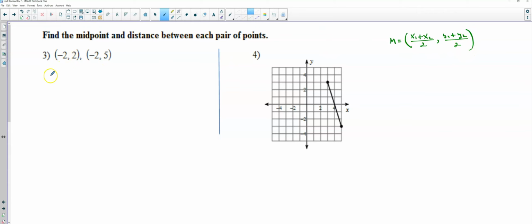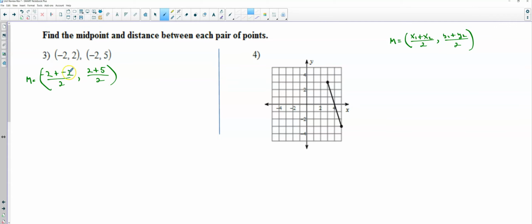So to do the midpoint, I'm just going to say, well, the midpoint is given by -2 plus the other x, -2, divided by 2. That will give me the x coordinate, comma, and then I go to the y-axis, 2 plus 5 divided by 2.